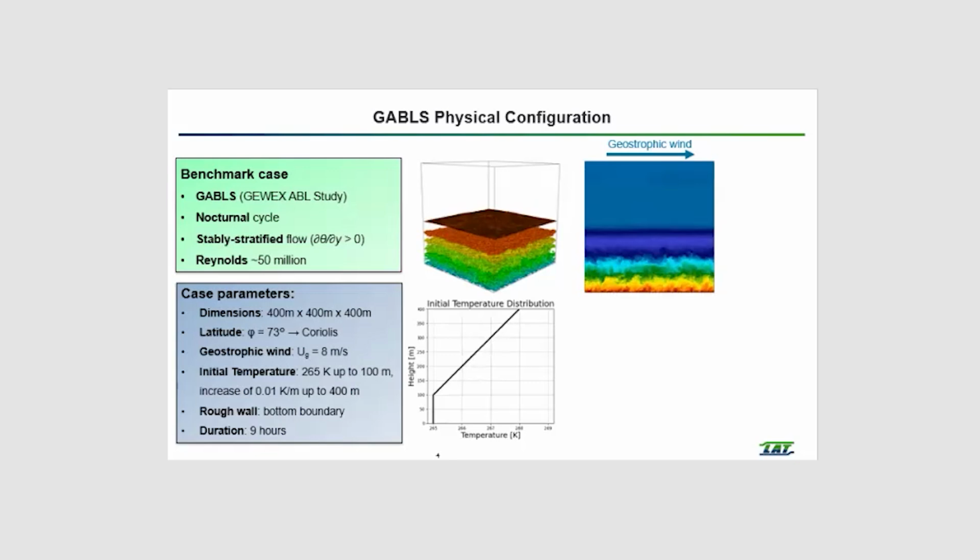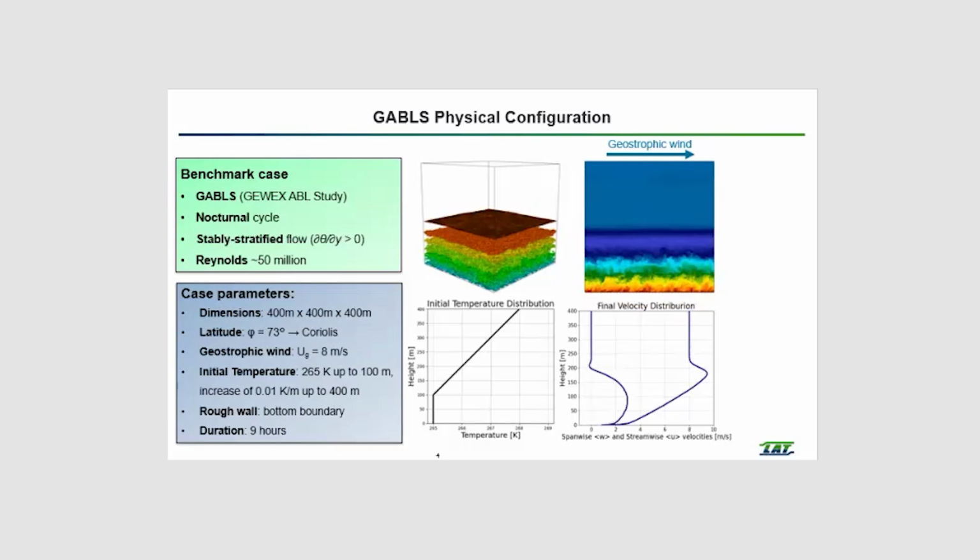We have an initial temperature distribution, as you can see in this image, of 265 kelvins up to 100 meters, and then it increases by 0.01 kelvins per meter up to the top of the domain. We also have a wall roughness at the bottom boundary, which is basically the Earth's surface or the ground surface.